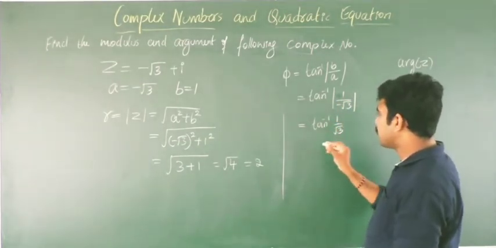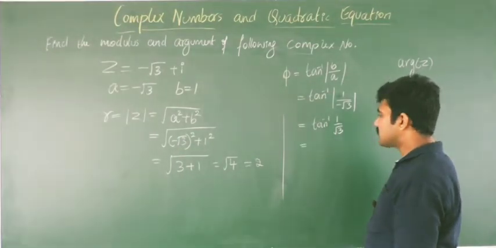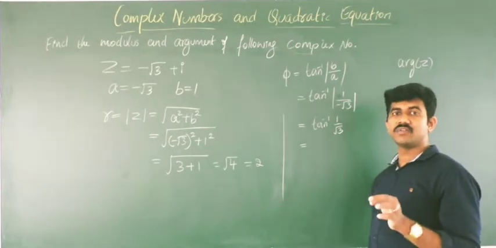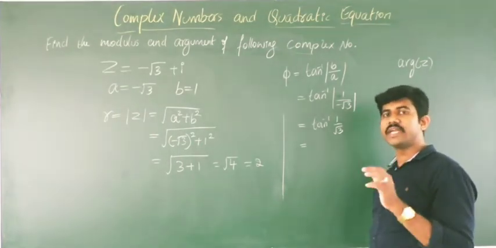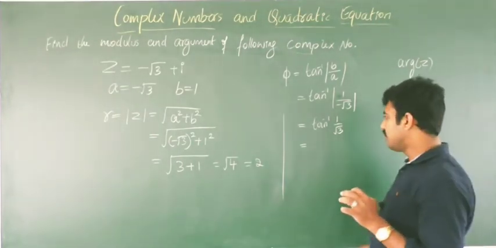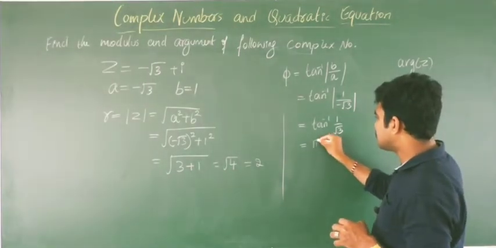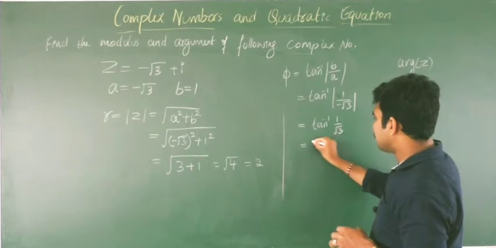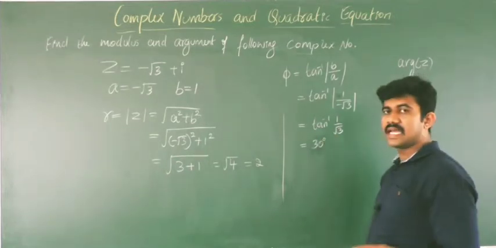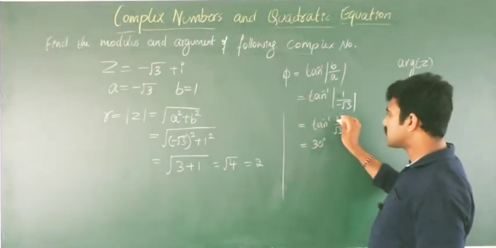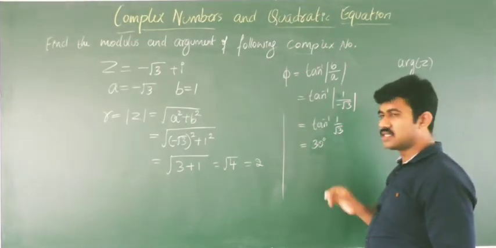So this is the value we got. What is the angle here? When tan takes the value 1 by root 3, in standard angles from 0 to 90 degree, theta or the angle is 30 degree. Tan 30 degree is nothing but 1 by root 3. So tan inverse of 1 by root 3 means 30 degree.